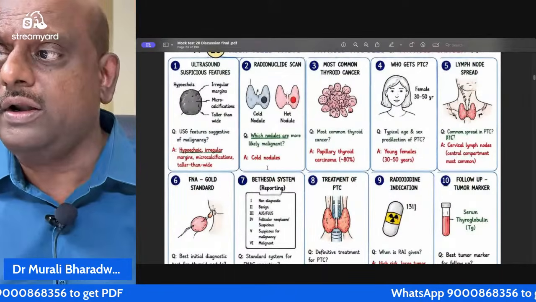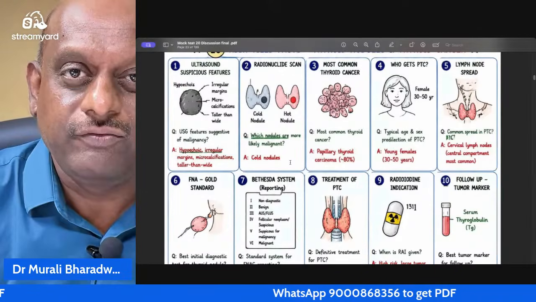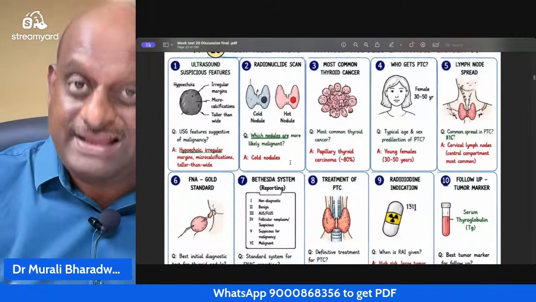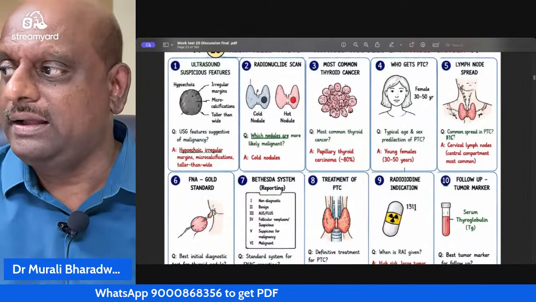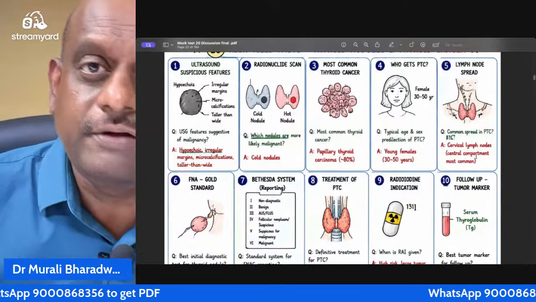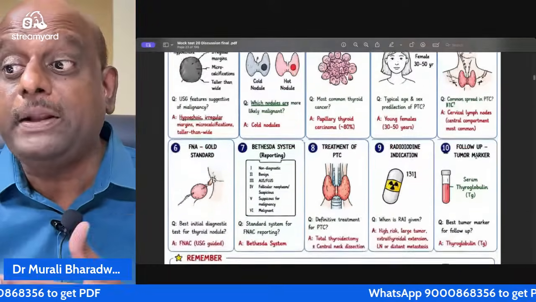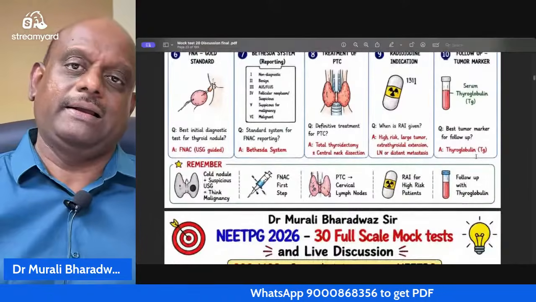It is the cold nodules, where radionuclide uptake is less; they're more malignant. And cervical lymphadenopathy is a feature of papillary thyroid cancer, is what you need to remember.